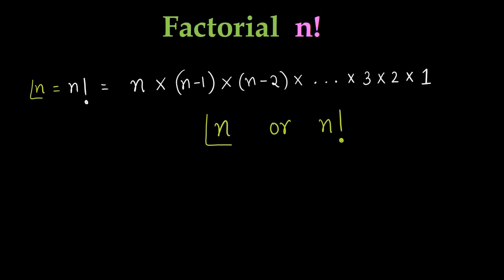What would be the factorial of 3? What is the answer of 3 factorial? So 3 times the previous number 2 times 1, till 3 to 1. Now if you need to evaluate it, the answer is 3 times 2 is 6, times 1 is 6.